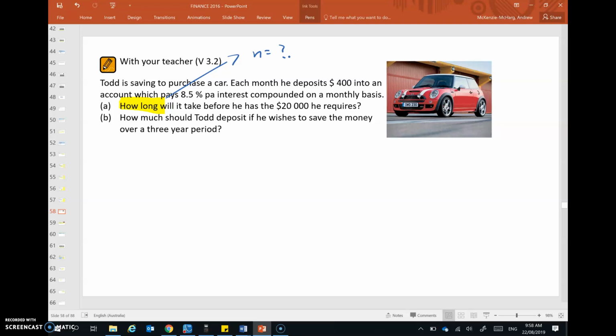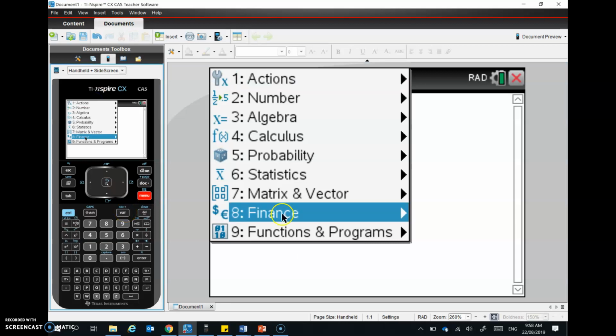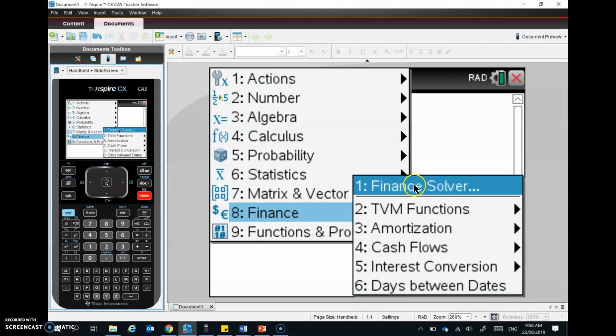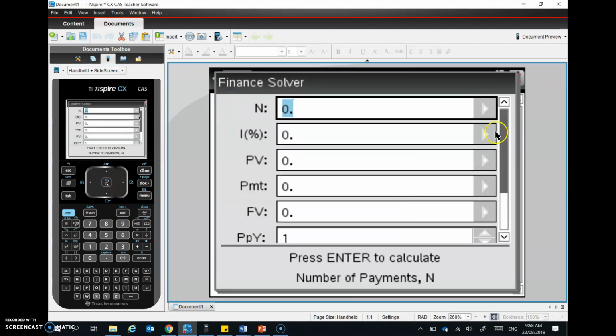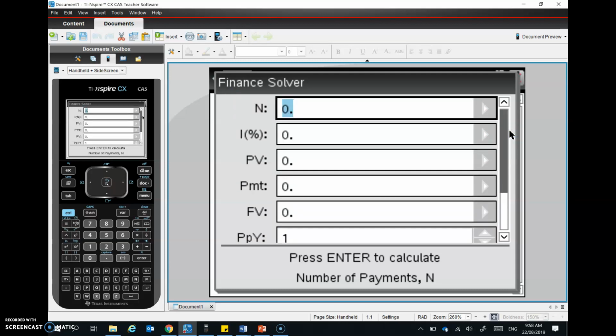We can use the solver on the calculator. And we find that here in Menu, Finance, and Finance Solver. You can see these inputs that we're going to put some data into the calculator and get the calculator to solve the problem for us.